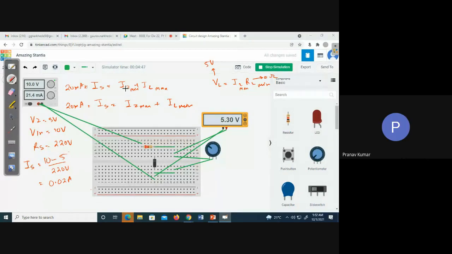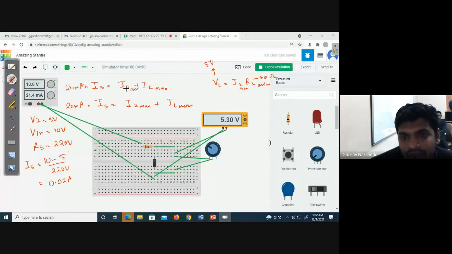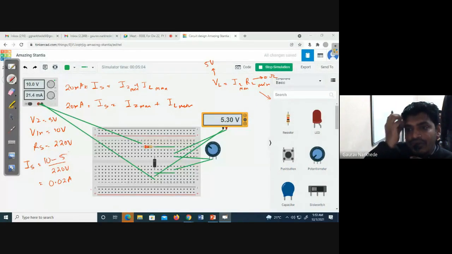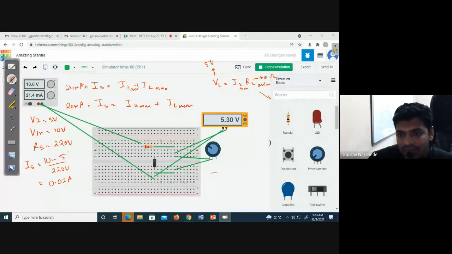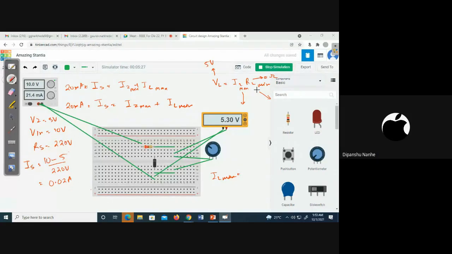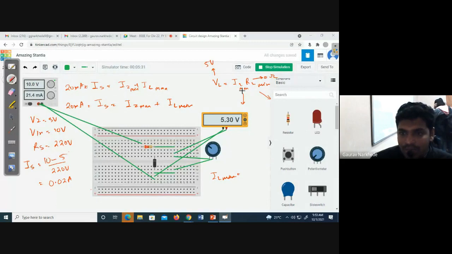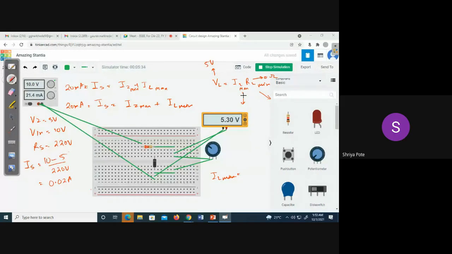IZ मिनिमम कितना दिया है? वो हमें दिया रहेगा, राइट? और RL का रेंज कुछ दिया रहेगा आपको, और यू नीड टू फाइंड द रेंज ऑफ RL. सो अगर आपको IL maximum some value दिया है, तो RL minimum, RL maximum कैलकुलेट कर सकते हो. और अगर RL का रेंज दिया है, तो IL आप फाइंड आउट कर सकते हो. करेक्ट.